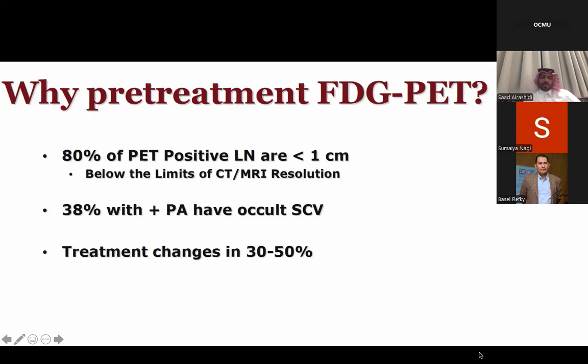Although there is a formula that you need to remember, and the surgeon will tell you about it, the chance of PA involvement if the pelvis is positive, etc. But for the imaging now, it's replacing that assumption, so you don't need to postulate about the chances of the PA node. The PET scan will annihilate this assumption.